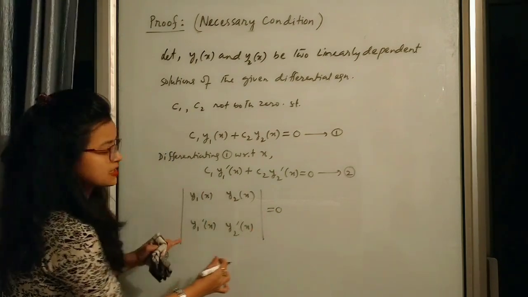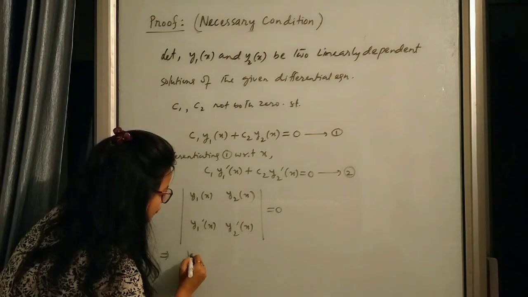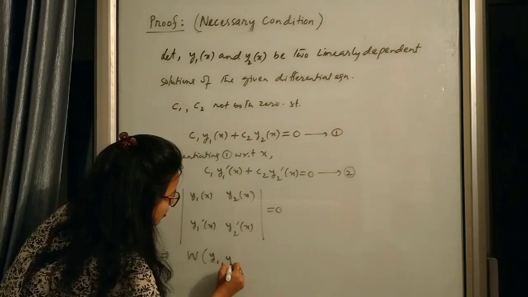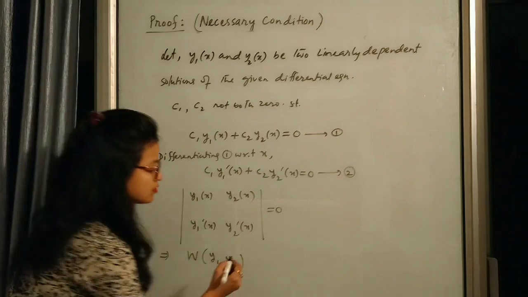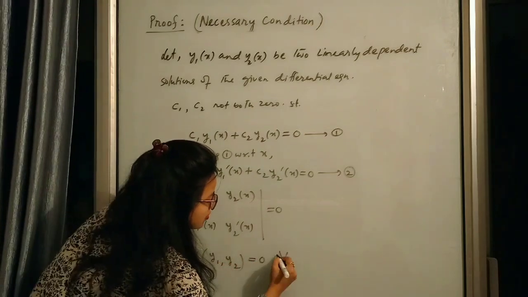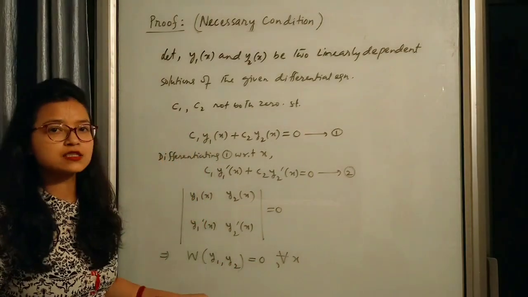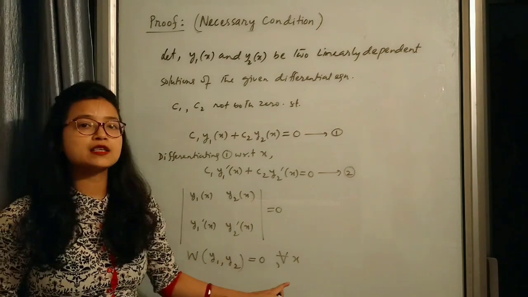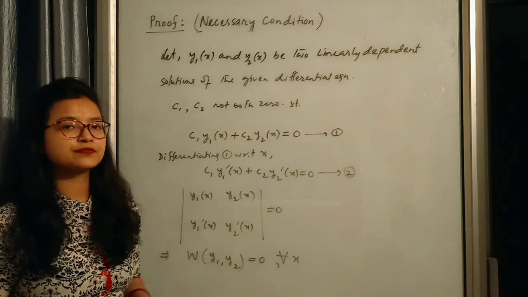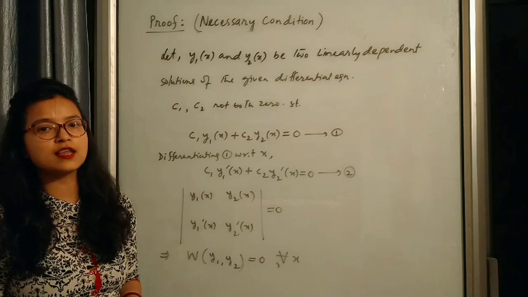And this, by the definition of the Wronskian, is the Wronskian of y1, y2 equal to 0. This is for all x. Hence, the Wronskian is identically 0 for all x in the interval (a,b).